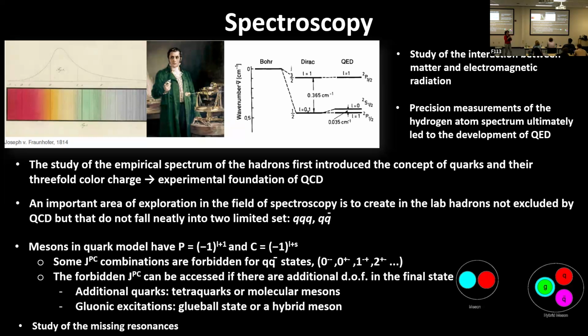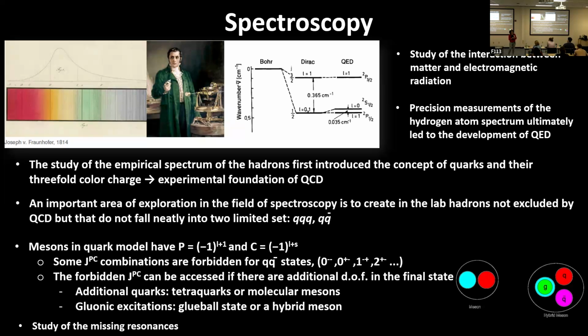When a resonance has 4 or 5 stars, it means that it's very consolidated, so you believe it has the spin, parity, and all the quantum numbers that you expect. There are some that instead have 1 or 2 stars, so they are not consolidated.